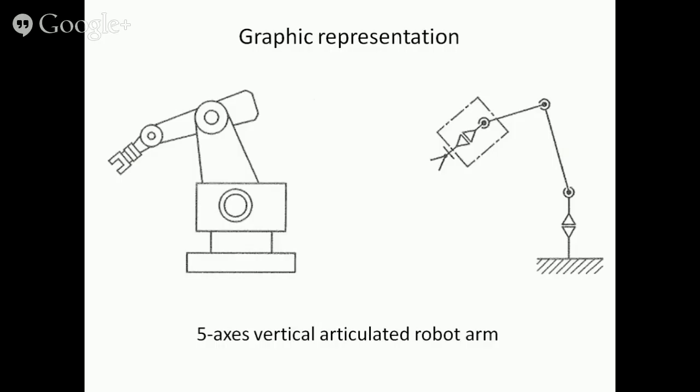Combining the graphic elements which we have seen previously, a 5-axis VAA robot arm may be represented as seen to the right. Starting from the base, we have an aligned R axis and 2 non-aligned R axes.